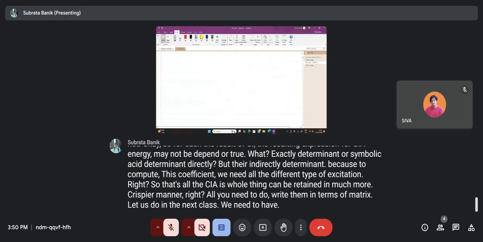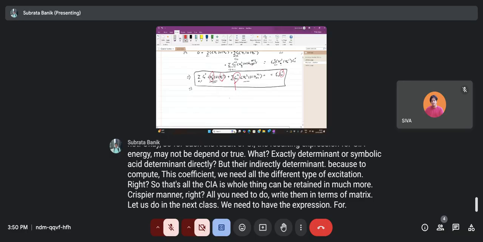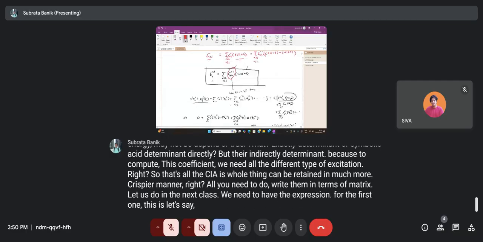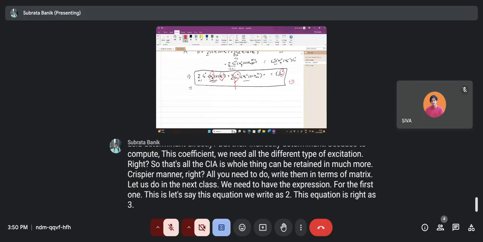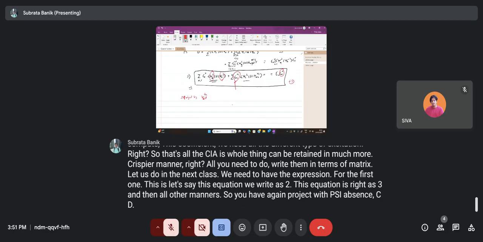We need to have the expression for the first one. Let's say this equation we write as 2. This equation is written as 3. And then all other manners. So we again project with psi A B, I mean C D E U prime, just to differentiate that.